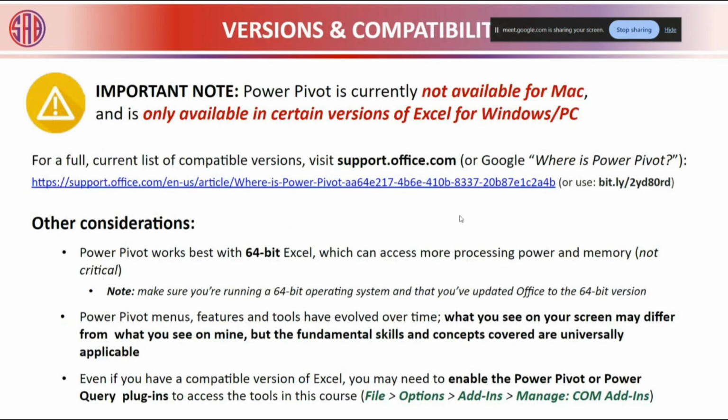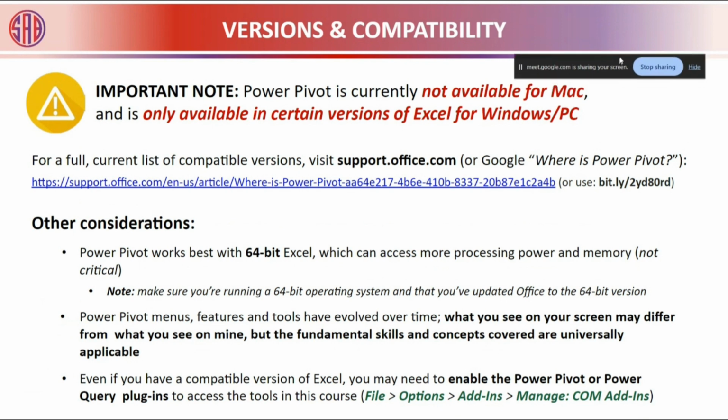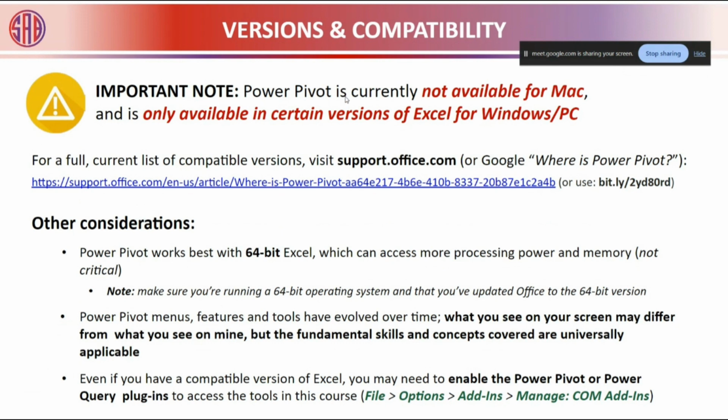Now, something to note is that with Power Query, when we come to Excel to use Power Query, there are versions and compatibilities that we have to consider. First of all, the Excel we always have on Mac or on MacBooks, you'll not have Power Query and Power Pivot.